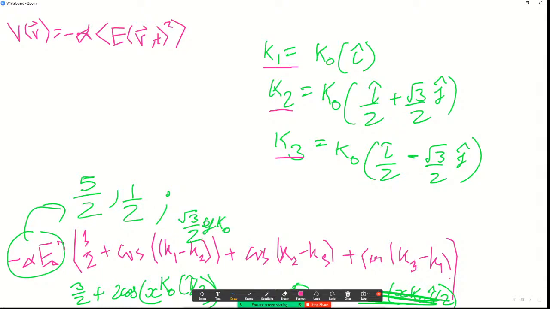We have here root 3 y k naught and here also root 3 by 2 y k naught. Or we can apply the cos 2 theta formula for this.